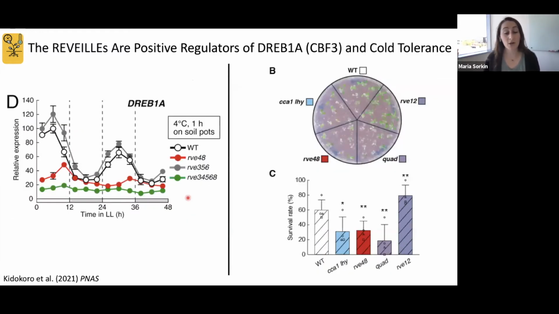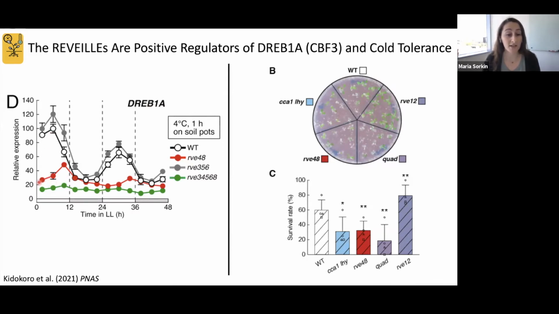And recently we got some encouraging evidence that we were on the right track. This 2021 paper came out demonstrating that the Reveilles are positive regulators of the DREB1 transcription factor family, also known as the CBFs. They demonstrated that in particular, Reveille 4 and 8 are important for activation of DREB1A.